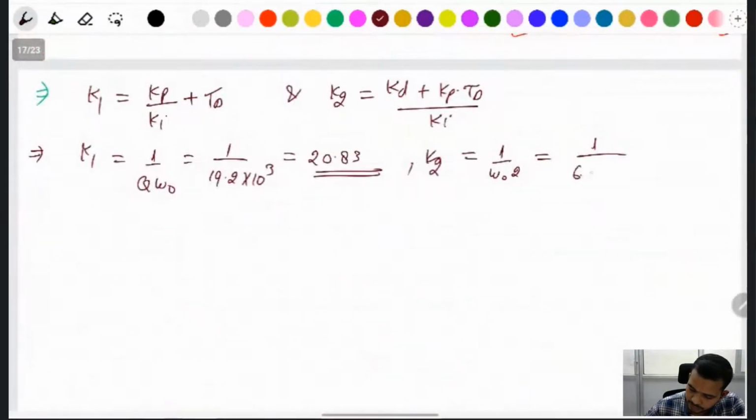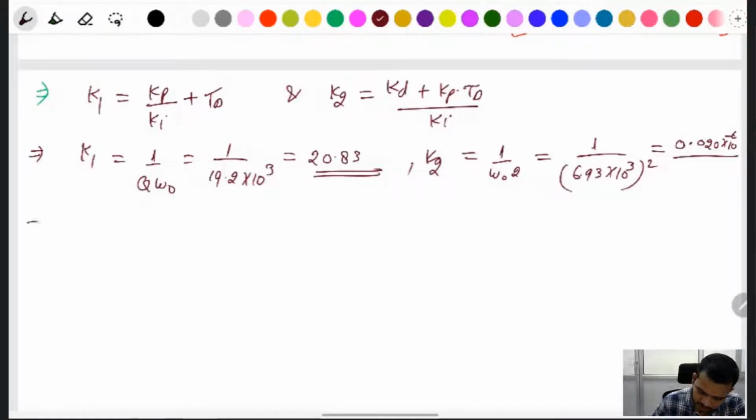Omega naught is equal to 6.96 into 10 to the power 3, so we find 0.020 into 10 to the power minus 6.